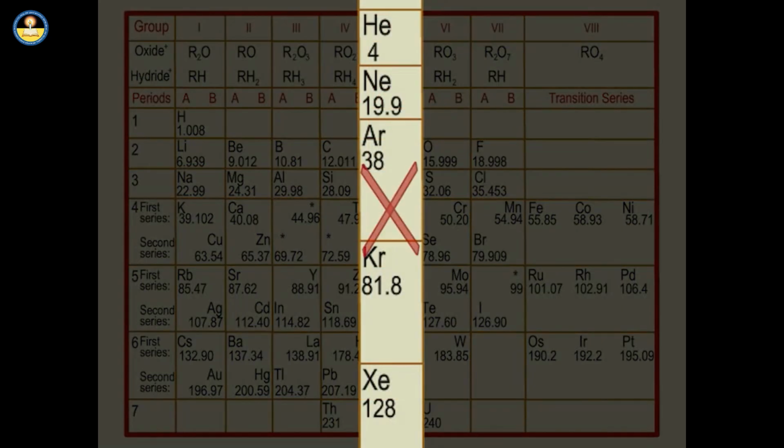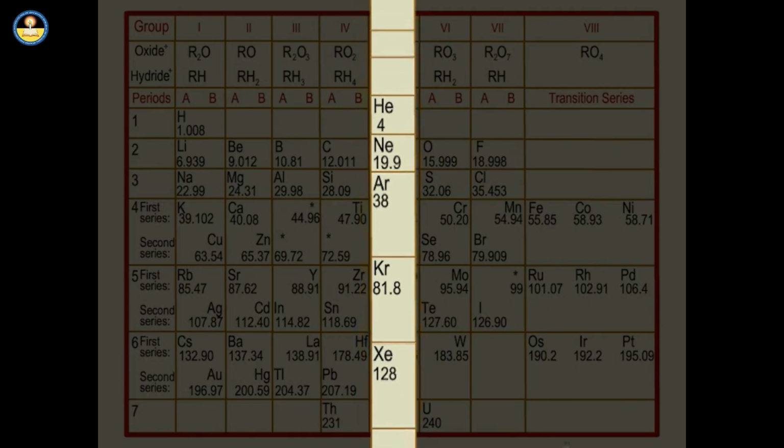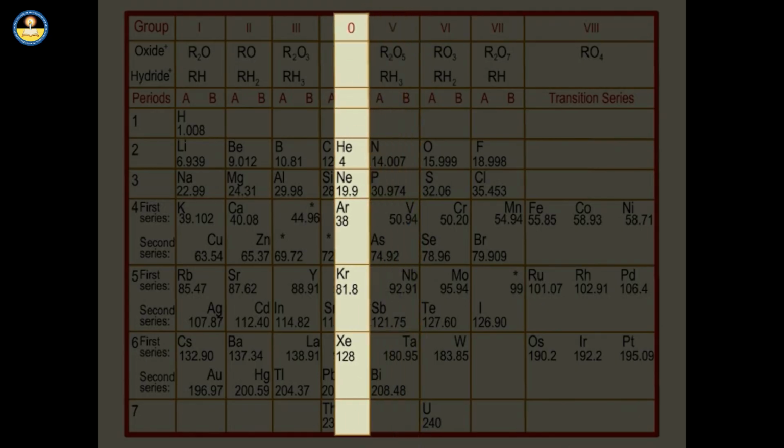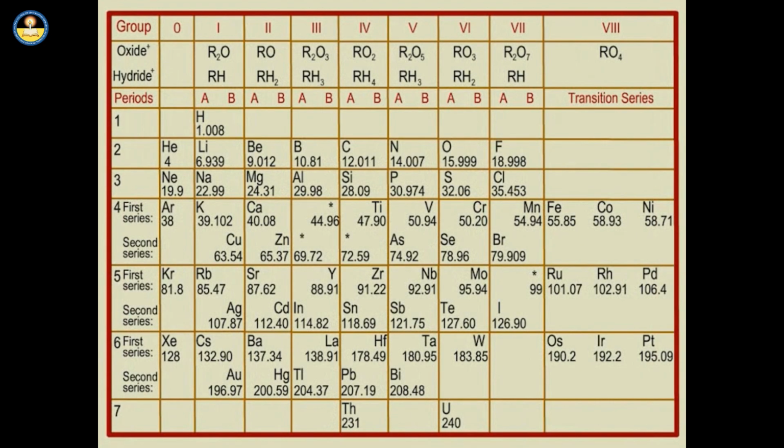So, no group of noble gases existed in Mendeleev's original periodic table. However, when these gases were discovered around 1900, a new group called the zero group was added to Mendeleev's periodic table.